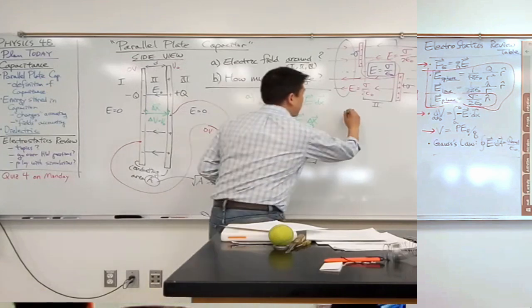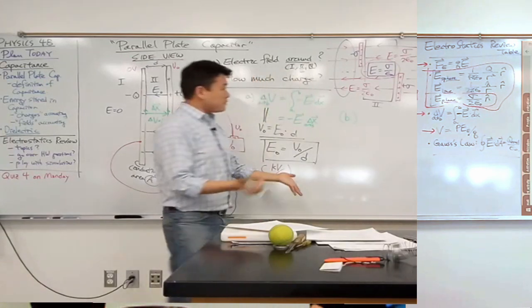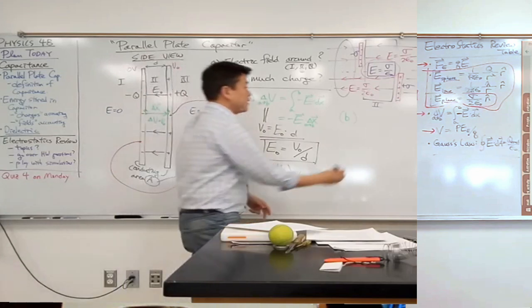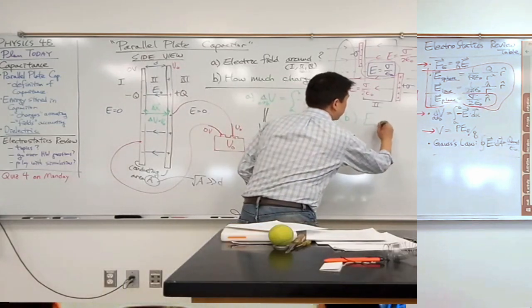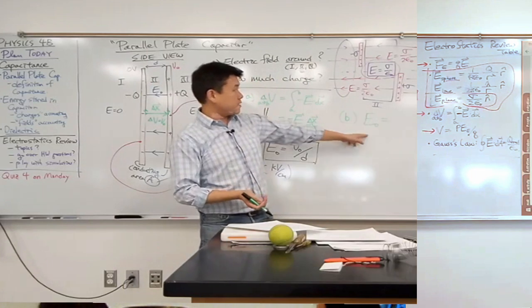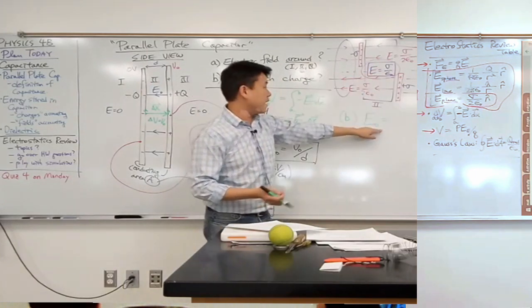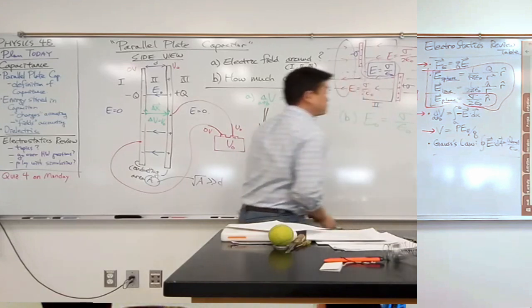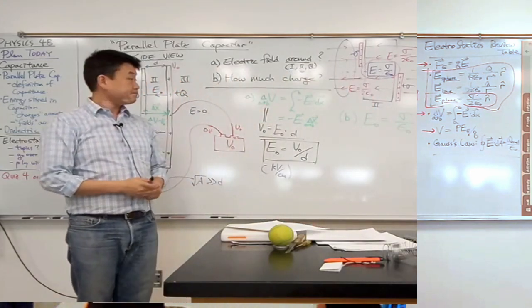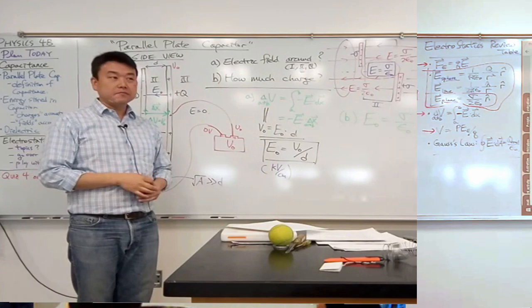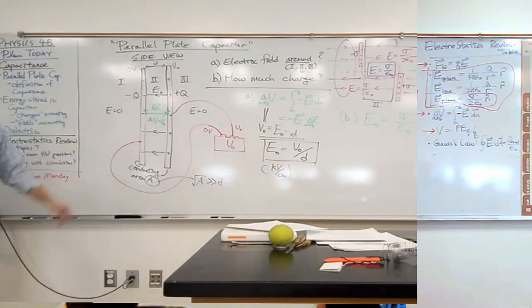For how much charge, I would start out with, all right, I know the electric field inside the region. I know E naught. And this electric field E naught can be represented in terms of surface charge density sigma. That E naught is equal to sigma over epsilon naught. All right. So what's sigma? Do we have enough information here to calculate sigma?